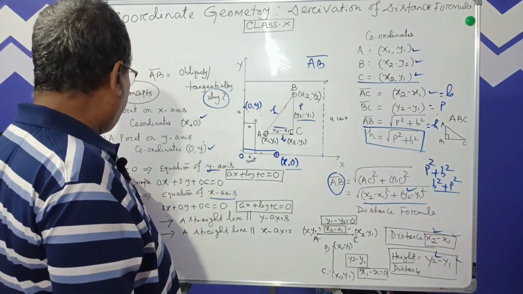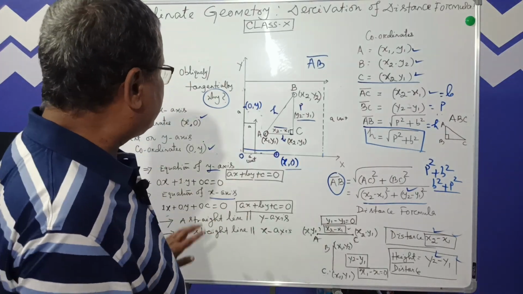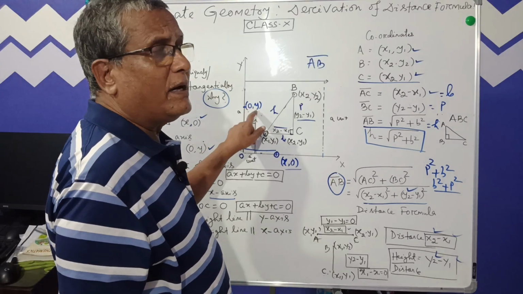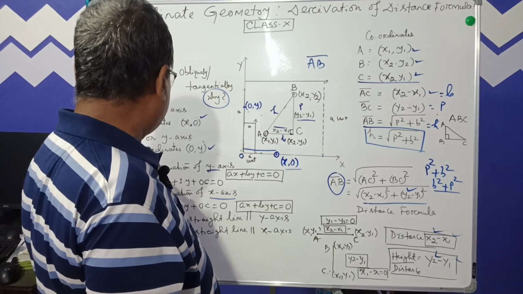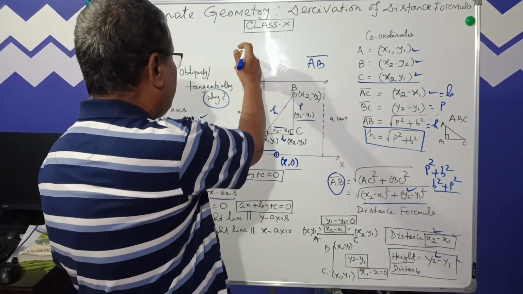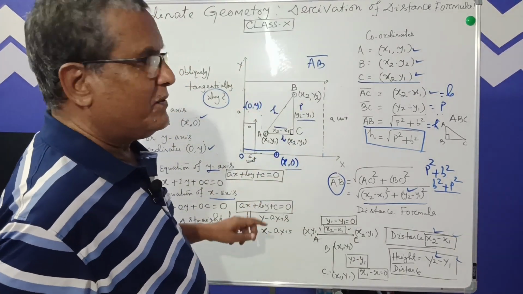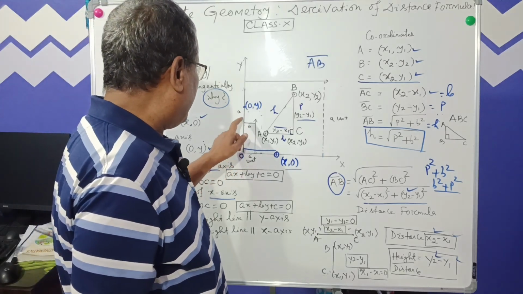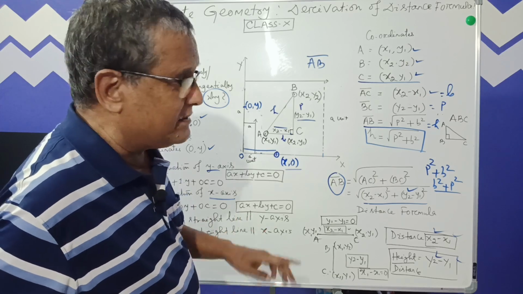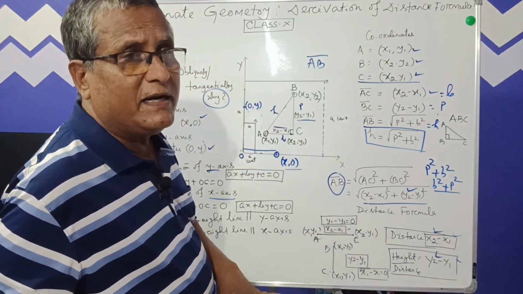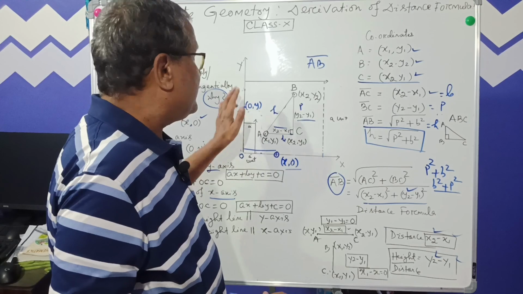Then, if x is 0, look here. When x is 0, that implies the equation of the y-axis. So for all points that lie on the y-axis, the coordinate of x is always 0.